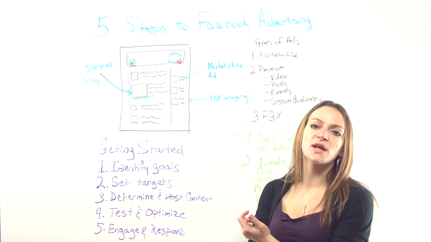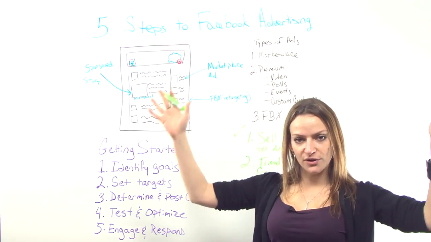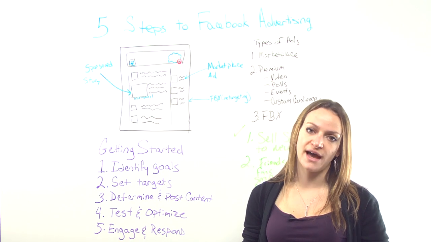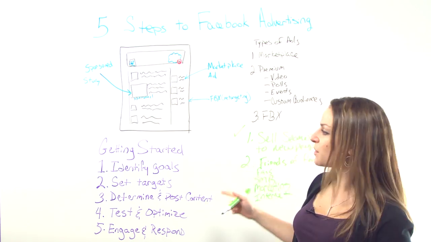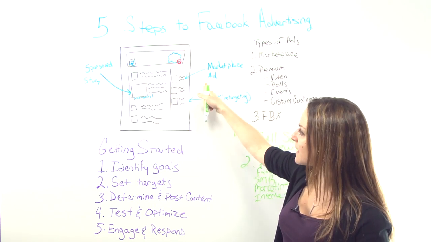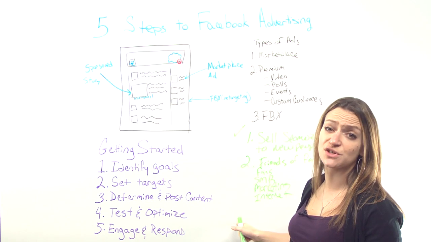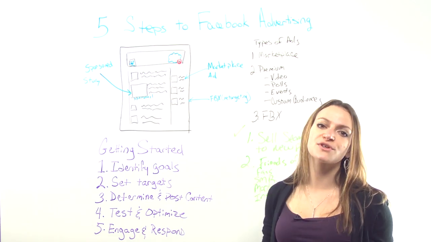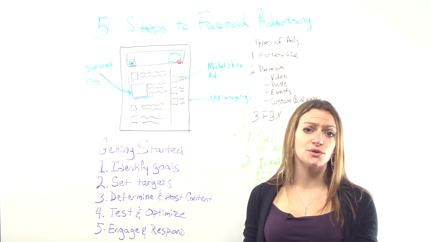Think of it the same way if anyone's run a paid search campaign or a display campaign. You have your account, you have campaigns, and you have ad groups. So think of this similar to how you're going to think of your ad groups. Because if you're doing a marketplace ad, you want to have a different type of ad for each one of these different target audiences, really similar to how you're going to have a different paid search ad for a different ad group.